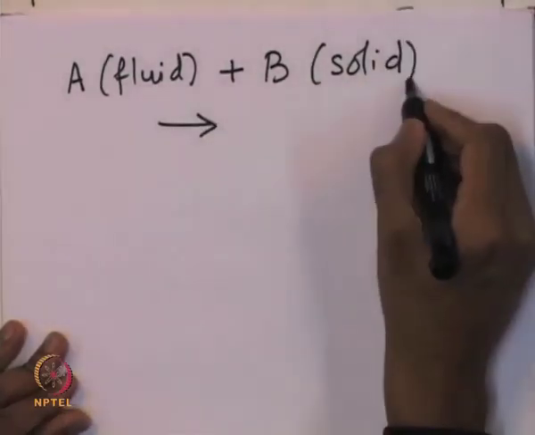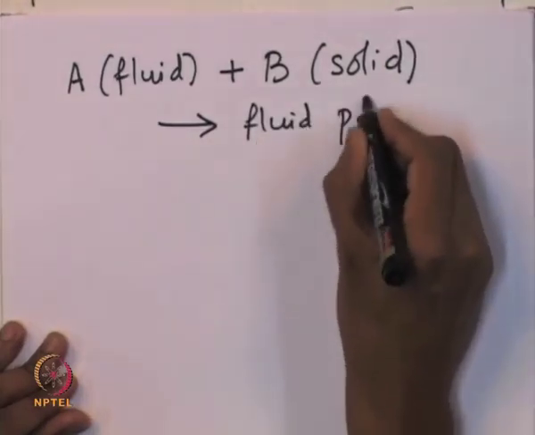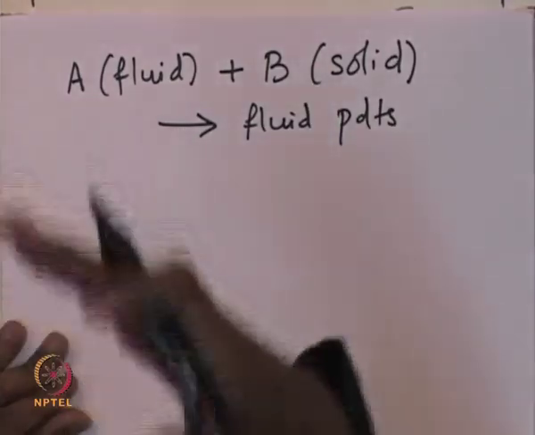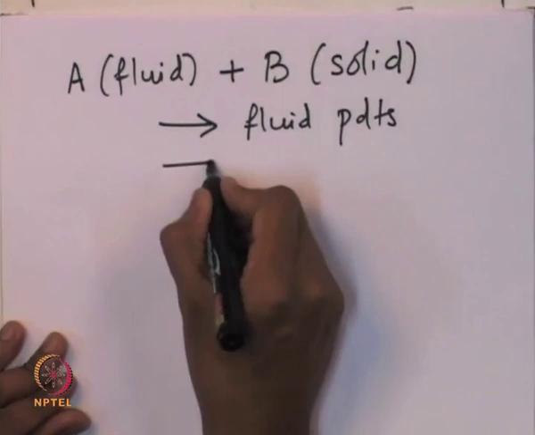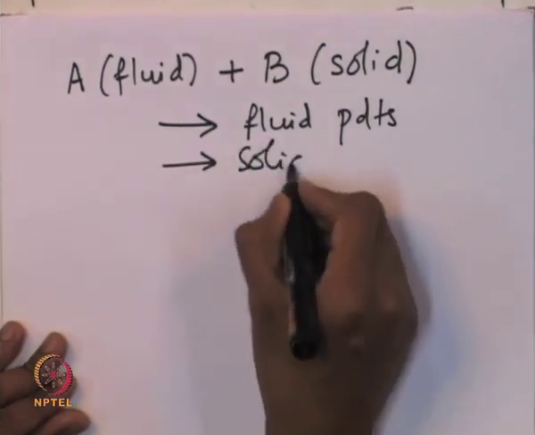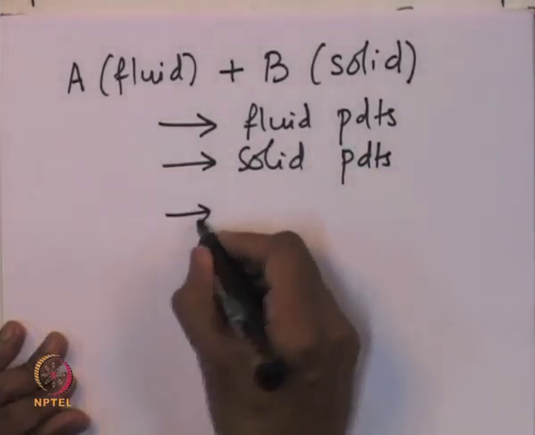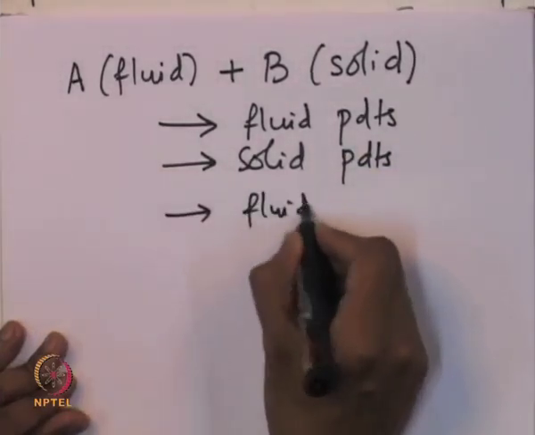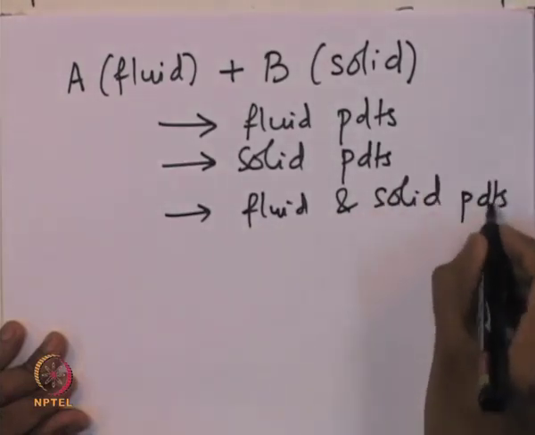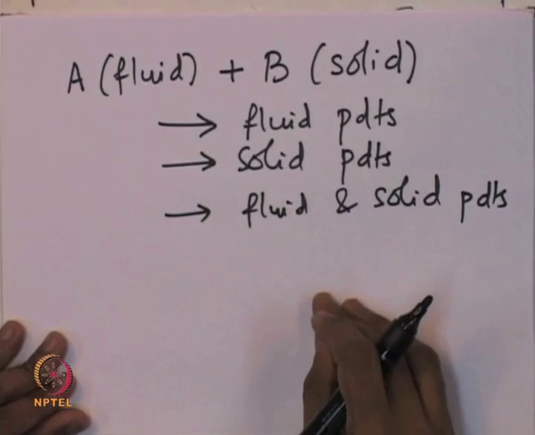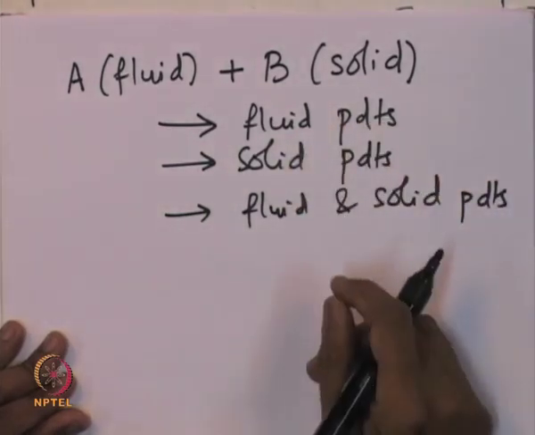One possibility is that the product might be a fluid. It might form a solid product, or it might form a combination of fluid and solid products together. Any of these 3 can occur in a fluid solid non-catalytic reaction.